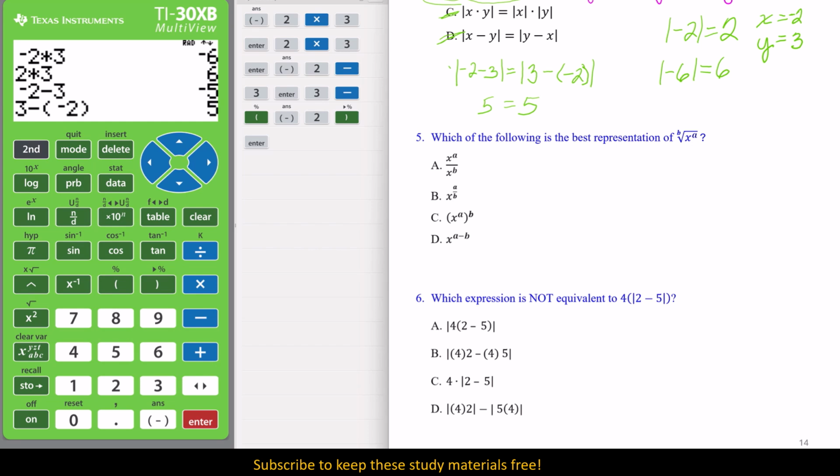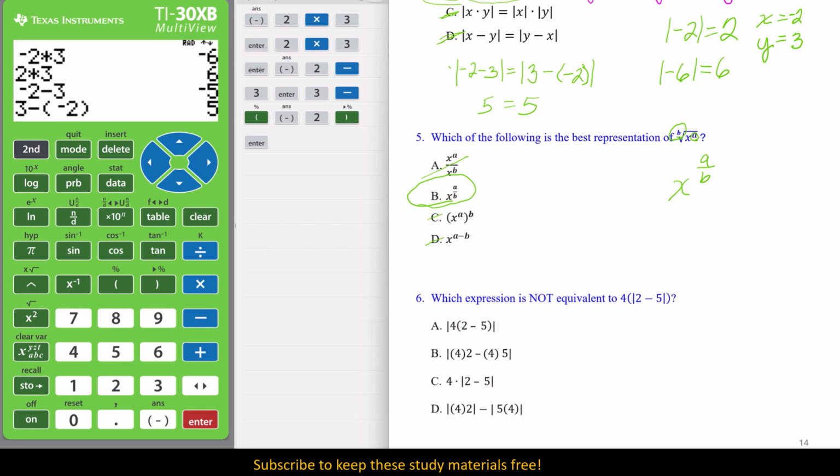It doesn't become a division with a and b, and x is the base. So this is incorrect. When you look at these, always tell yourself this b becomes the denominator and this a becomes the numerator. Whatever is under the radical, the exponent under the radical becomes your numerator. So that's option B, and C and D are obviously out.